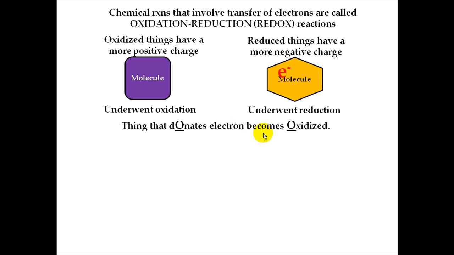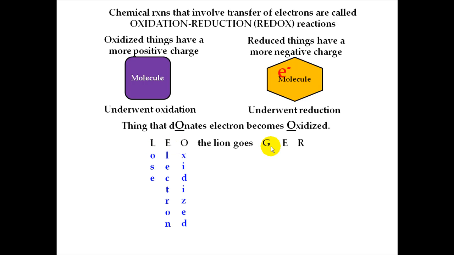Another clever mnemonic that some people use is this. Leo the lion goes grr. Leo stands for: if it loses an electron, that means that it's oxidized. Grr stands for: if it gains an electron, that means that it's reduced. So again, there's a couple of little tricks that some people can use to remember the difference between oxidation and reduction.